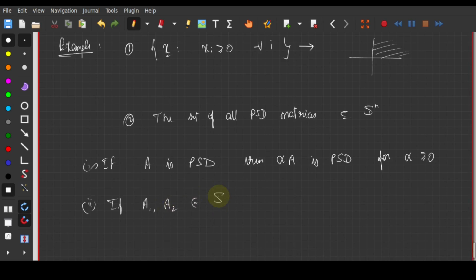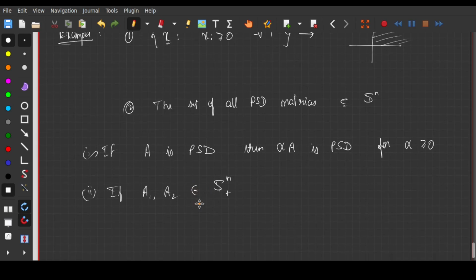So recall the set of all positive semi-definite matrices is denoted S plus superscript n. We want to show that alpha A1 plus 1 minus alpha A2 is also positive semi-definite.